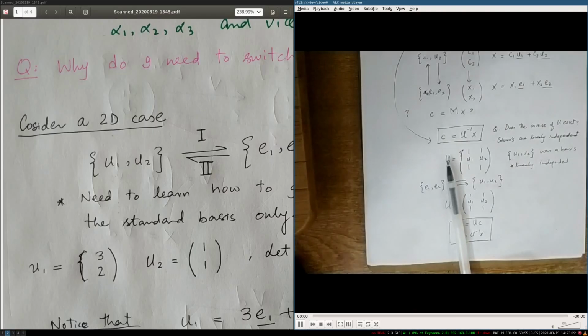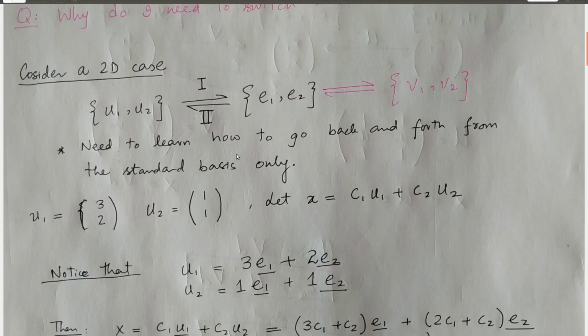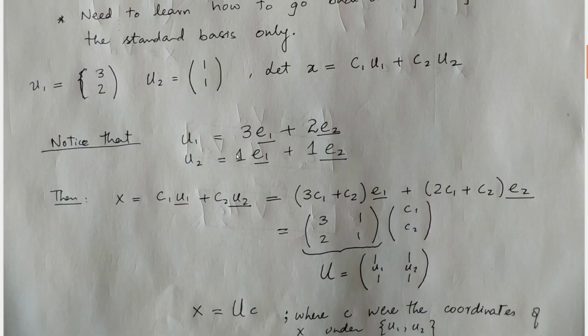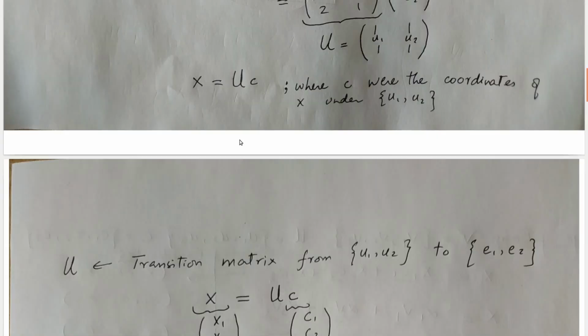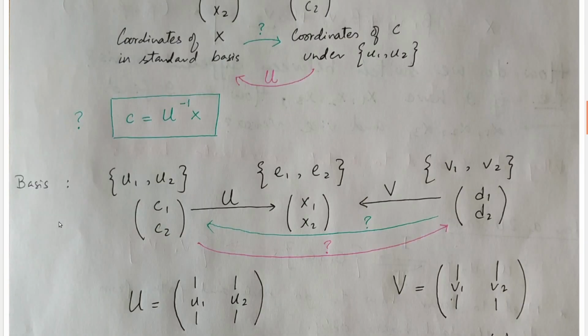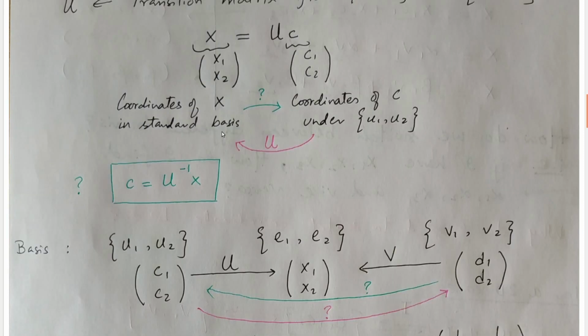Okay, moving on. Of course, as an example, I showed you just a two-dimensional case, the case we did for (3, 2) and (1, 1), and we converted them from x to C and C to x. But nothing is stopping us from expanding this to 3 dimensions, 4 dimensions, n dimensions, right?